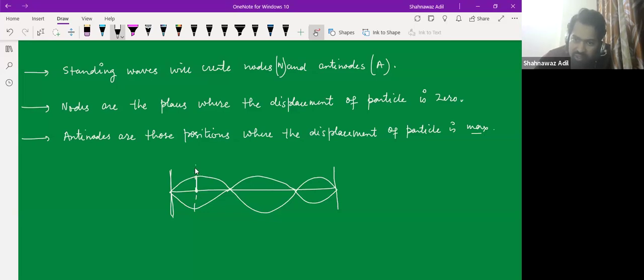So these are antinodes, and these are the nodes. So where the displacement is maximum, antinodes; minimum, zero, that is.